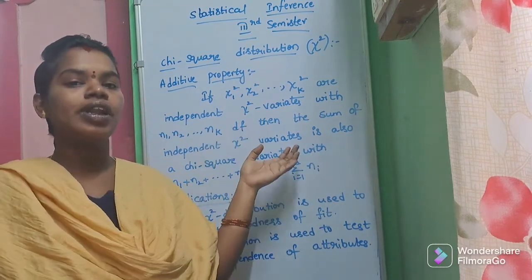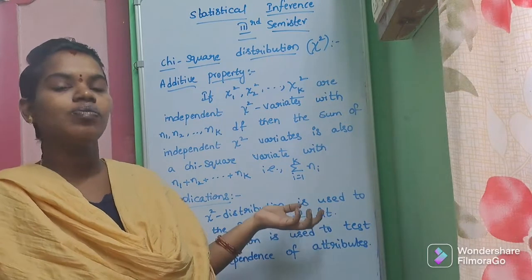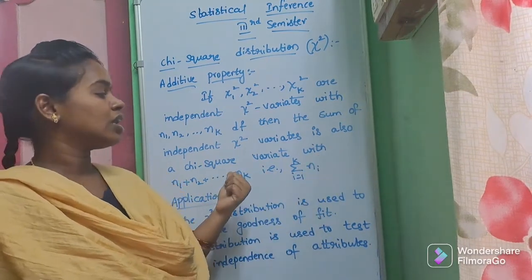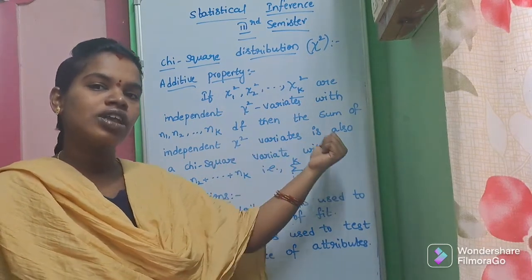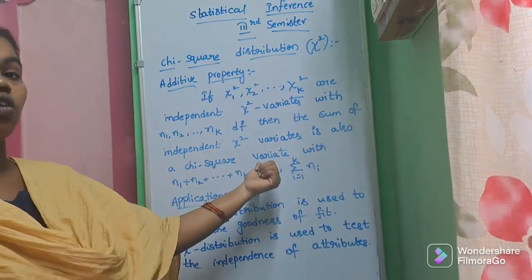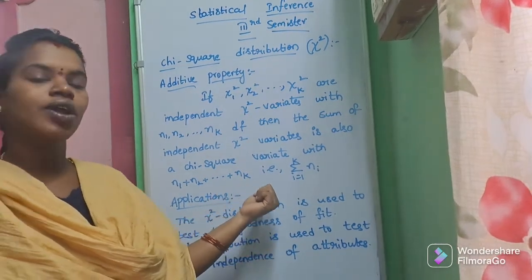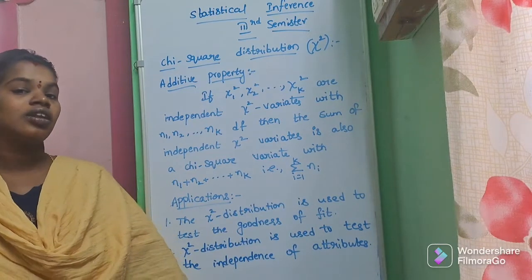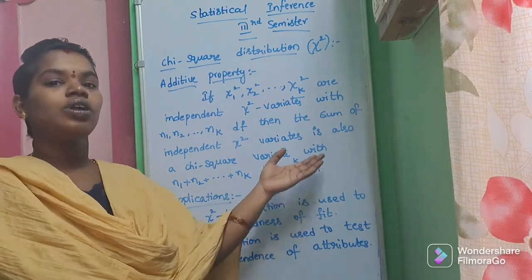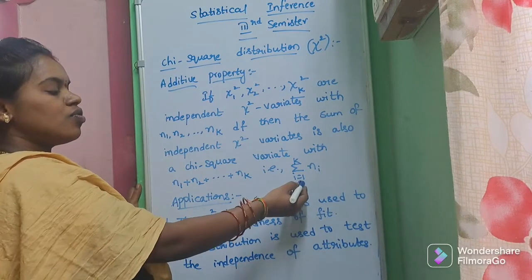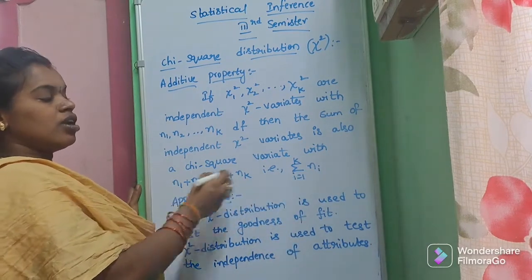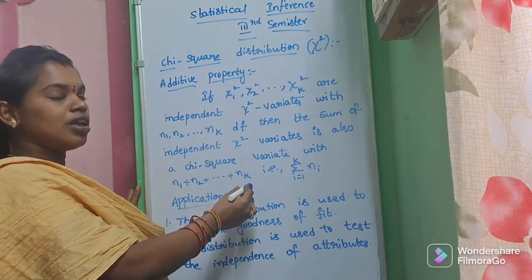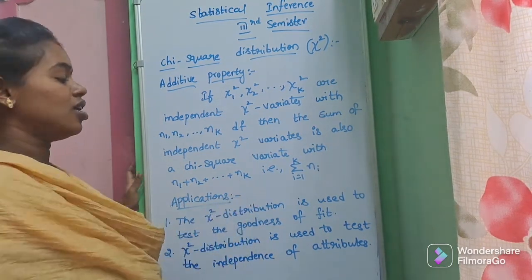If we add all of those, we get a chi-square variate with n1 plus n2 plus and so on plus nk degrees of freedom, that is, summation i equal to 1 to k of ni. If we replace i equal to 1, it is n1. If i equal to 2, it is n2. Like that, if we substitute i equal to k, it is nk.